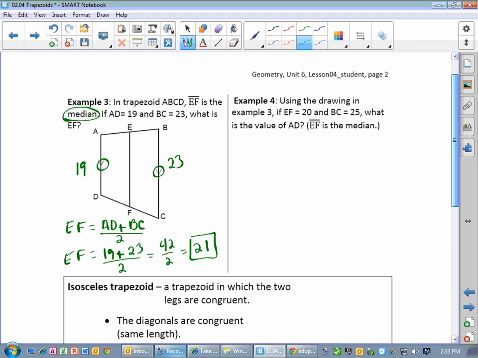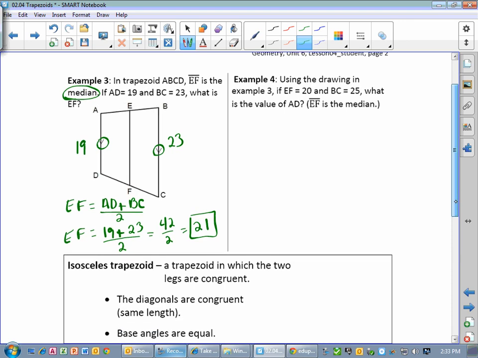So, okay. So using the same drawing now, rather than EF being what we found at 21, forget about the numbers, same picture, but different actual measurements, okay? So EF is 20, BC is 25. What is AD? Okay? So let's start off by writing down, we'll think of this kind of as a formula, right?